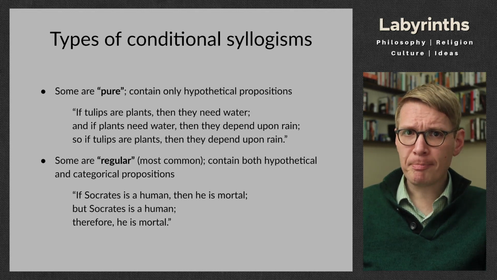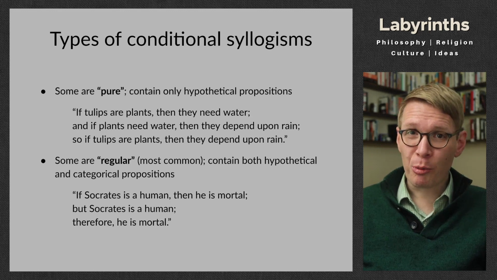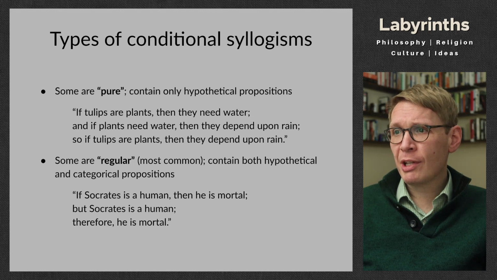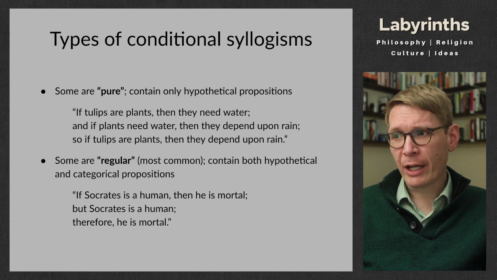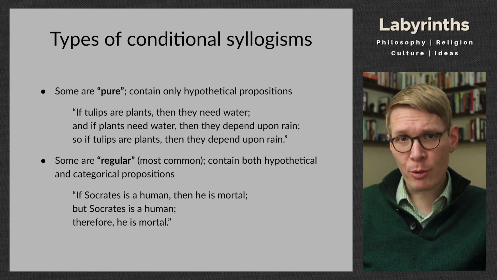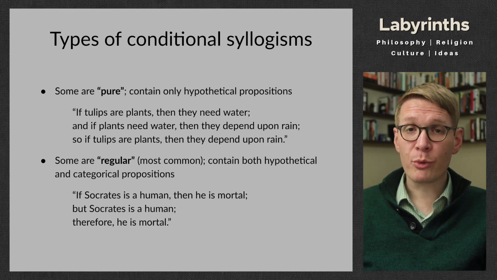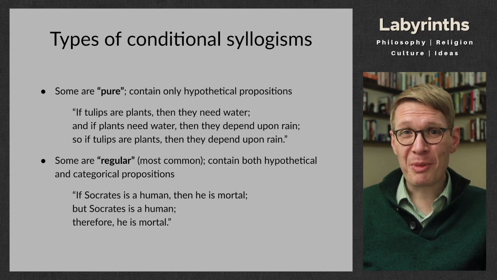This is less common. More common is what we call, appropriately then, regular conditional syllogisms. These contain both hypothetical and categorical propositions. Usually the major premise would be a conditional proposition, and then the minor premise and the conclusion would be categorical propositions. So here we have a kind of reframing of the syllogism that we've been working at throughout this whole course.